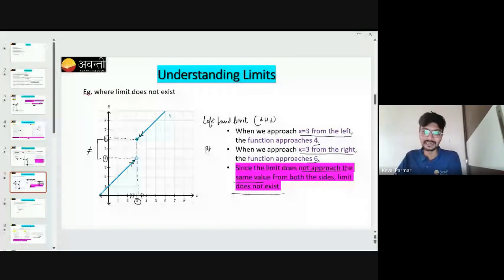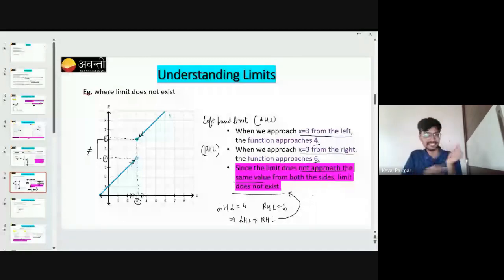It will be the right hand limit, basically RHL. So here the left hand limit is equal to 4, the right hand limit is equal to 6, meaning the left hand limit is not equal to the right hand limit. Therefore the limit does not exist. These are technical terms you need to remember. Now let's move forward.